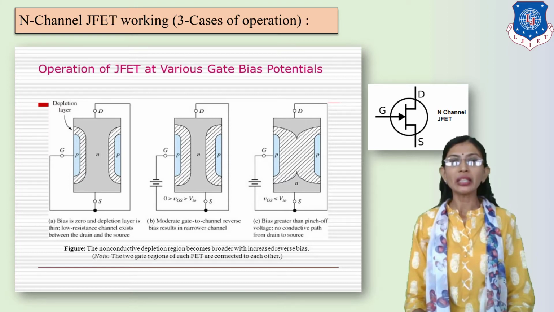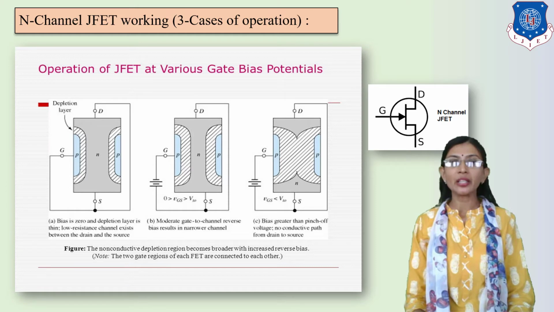As per the third case, when we increase the reverse bias through VGS, the depletion region will penetrate more and more into the channel. At one particular time, the depletion regions will touch each other and due to that the channel width will be reduced to 0.